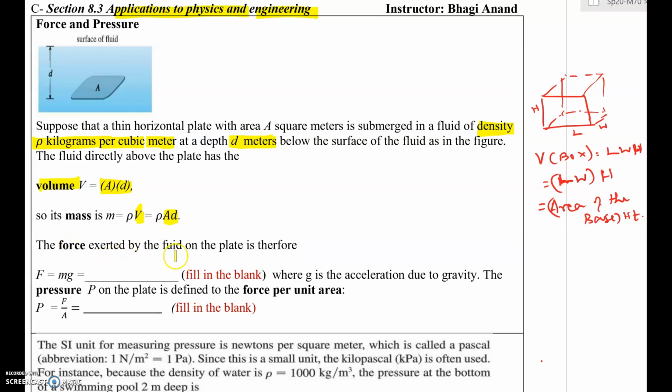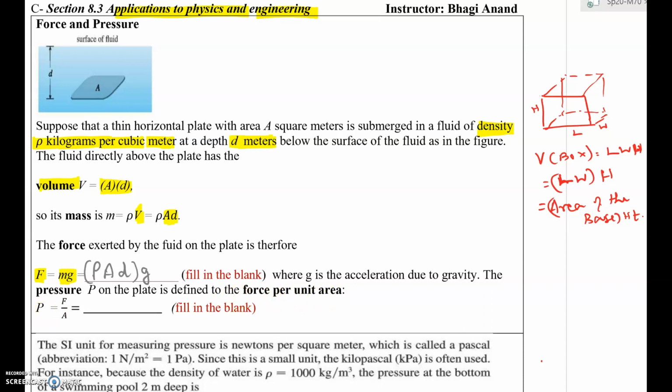The force exerted by the fluid on the plate is therefore mass times acceleration, which is again a formula from physics. Force is mass times acceleration, but the mass from the previous step is rho A D, and then times g, that is rho A D g, where g is the acceleration due to gravity. The pressure on the plate is defined to be the force per unit area.